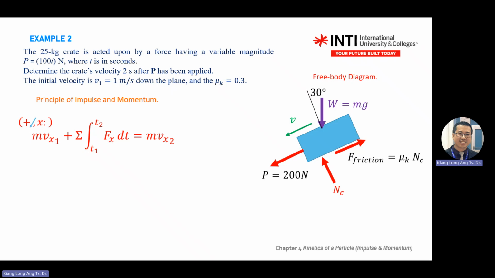Then friction in the x direction gives you impulse, but in the opposite direction. W also gives you two components, one going down, one going to the left. Then you substitute the values.